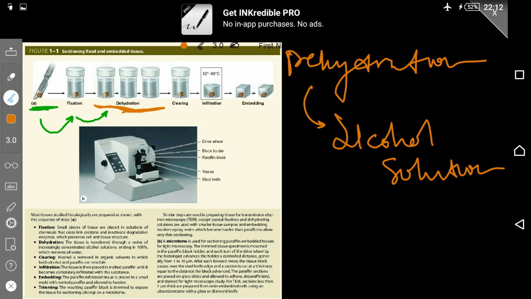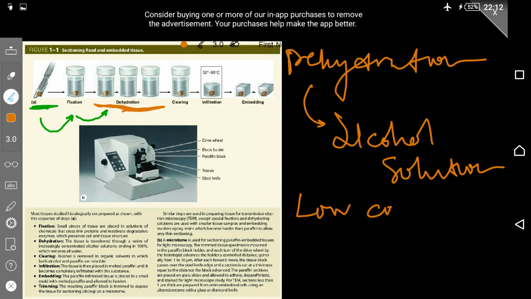3 different jars are shown. First it is put into the first one. The first one will usually have a low concentration of alcohol. The second one will have a higher concentration of alcohol.